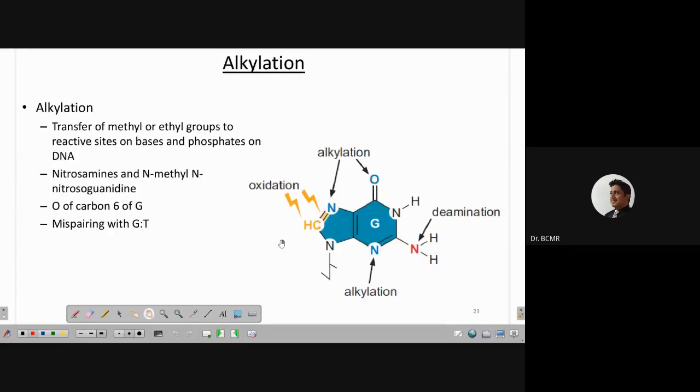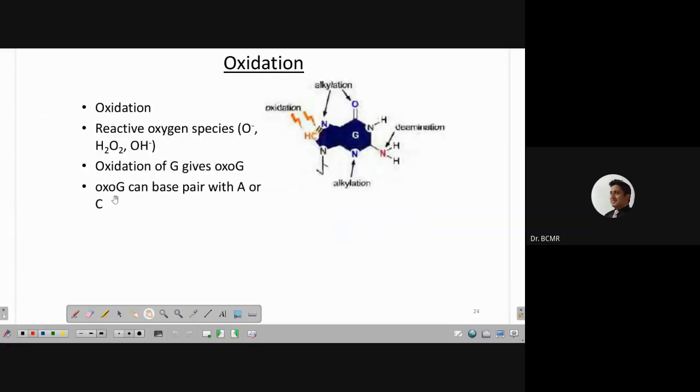So oxo G can base pair with A or C. What would happen in that scenario is, if you had G, A, C, G, T, A, assume that this is the template 5 prime to 3 prime, and assume also that the guanine here is oxidated. Then if the DNA polymerase was synthesizing, this will be the 5 prime for the lower strand, T, A, and it would be base pairing with A or C.